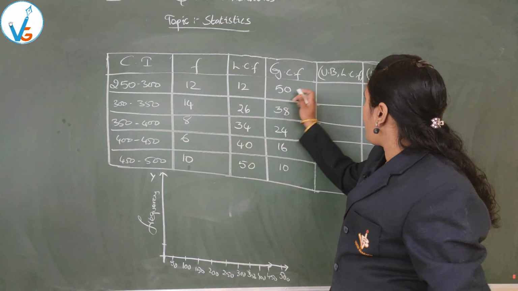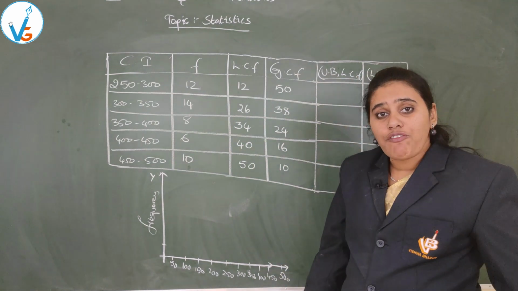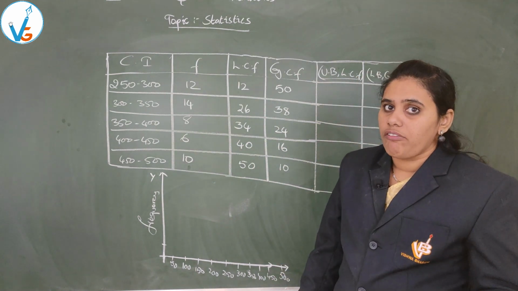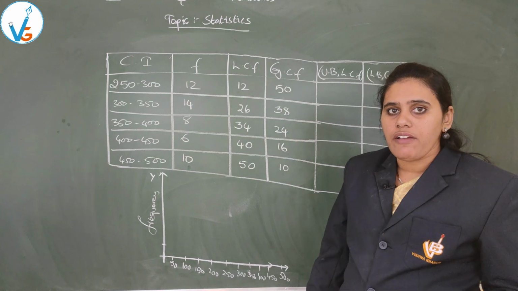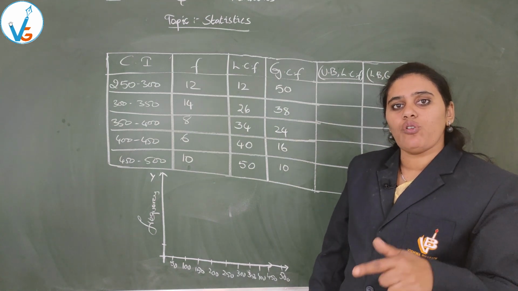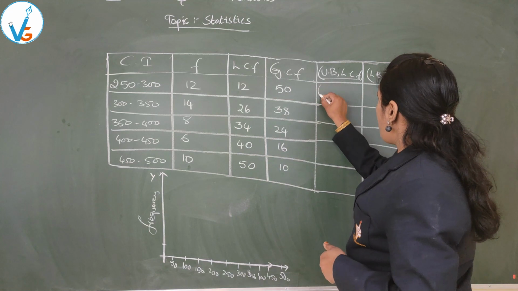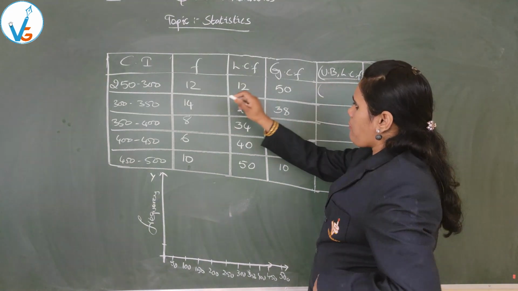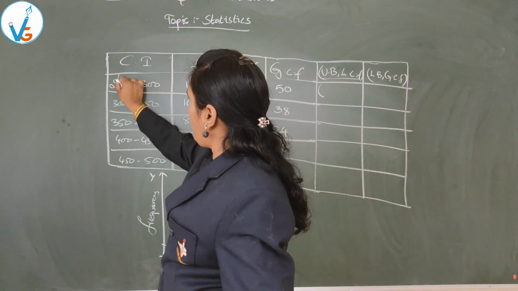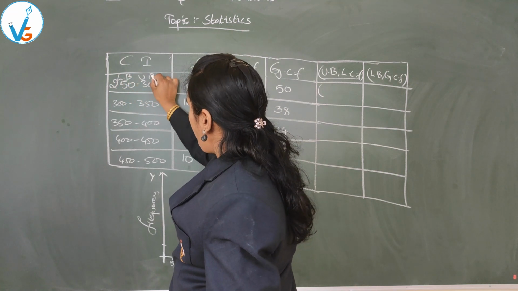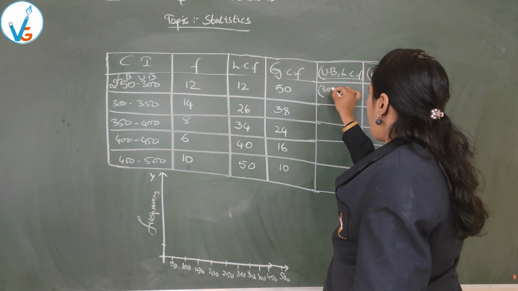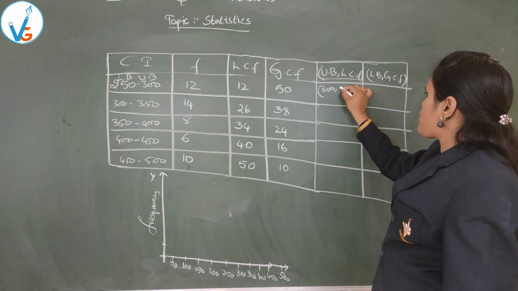Now we will go for our pairing. What we have to pair? Upper boundary and LCF. Why should we pair upper boundary and LCF? To find out the less than ogive curve. Okay, now you see here what is our upper boundary? This is our lower boundary and this is our upper boundary. So 300 comma LCF is 12.